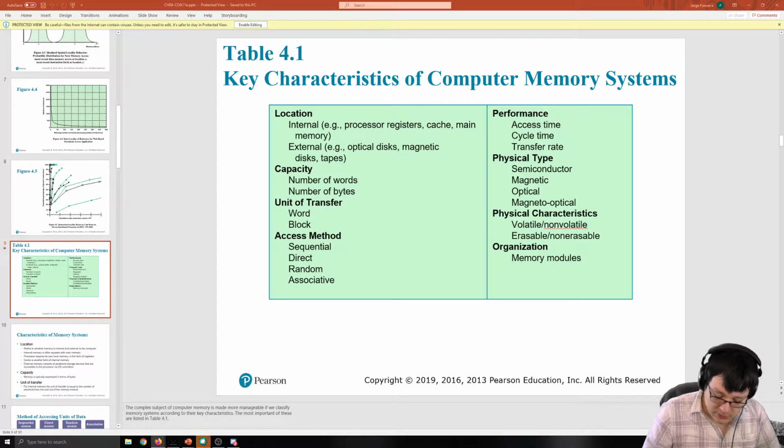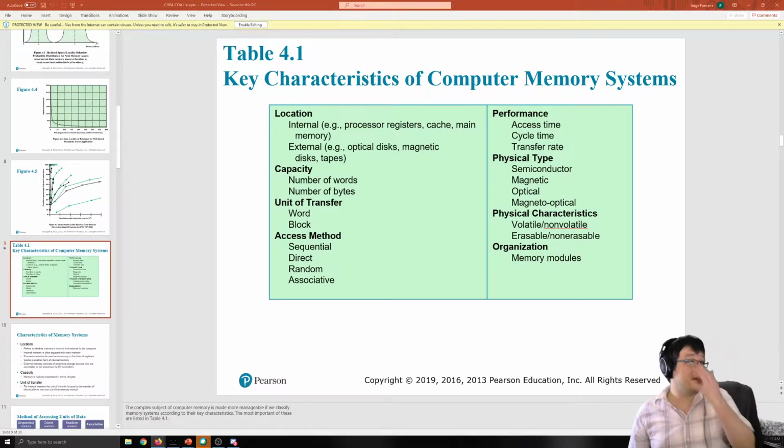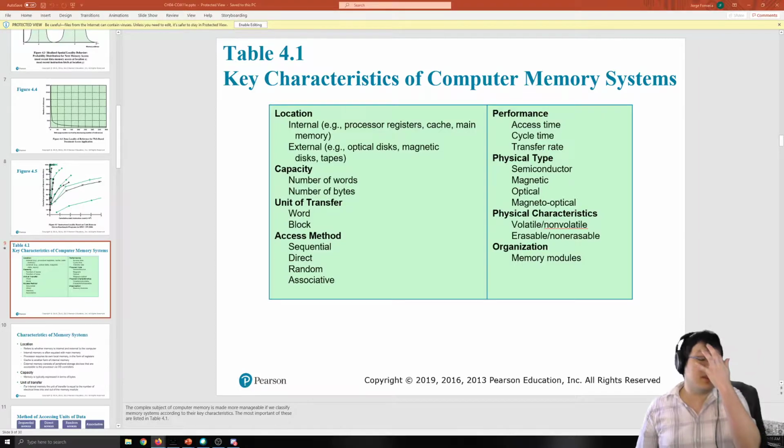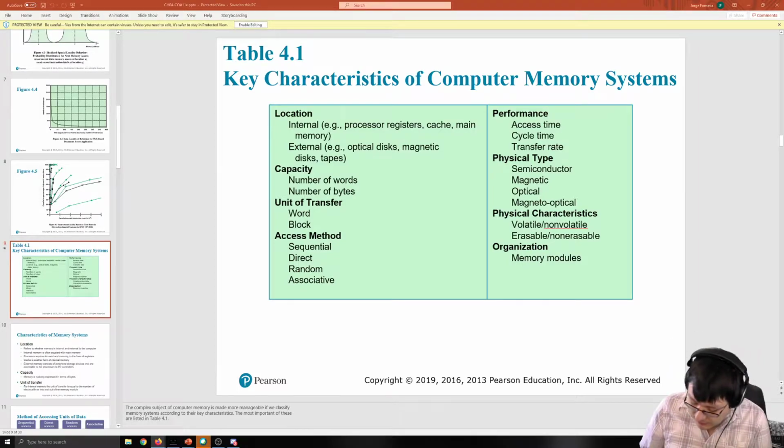But I'm assuming that it's at some point pretty soon, because we're talking about memory. So I think that's chapter 7. I mean, they talk about magnetic tapes, so I would be surprised if they don't talk about a hard drive. So if they don't talk about chapter 7, then I'll just talk about it. So basically next week. So anyways, that is kind of what they mean by unit of transfer block.